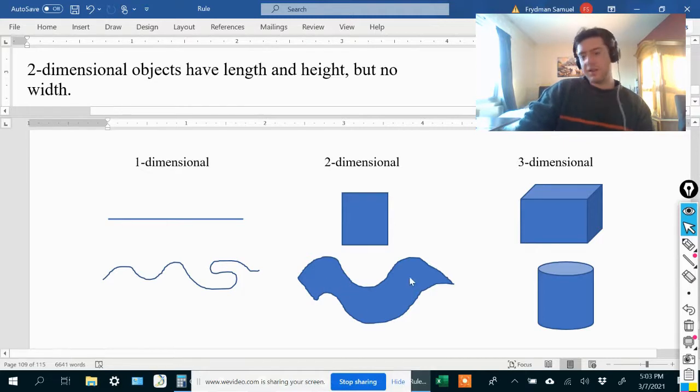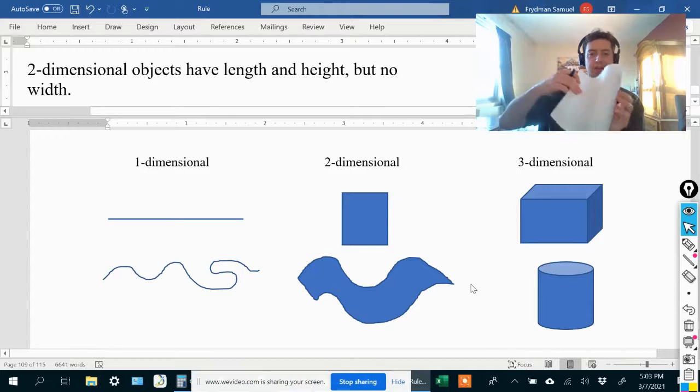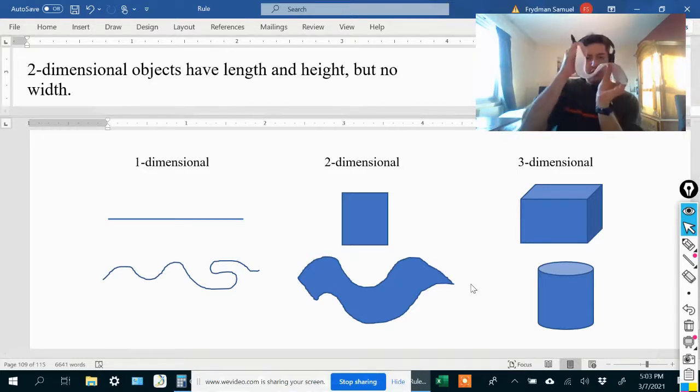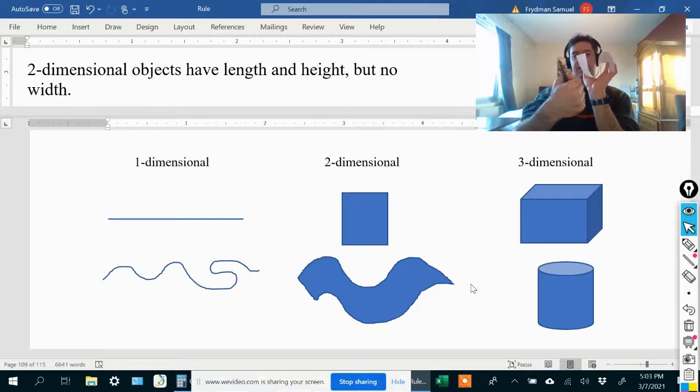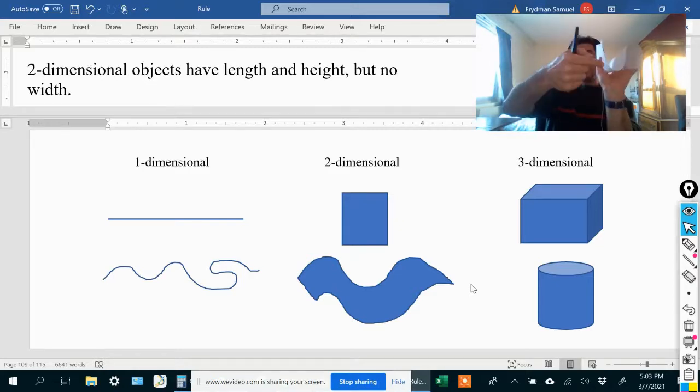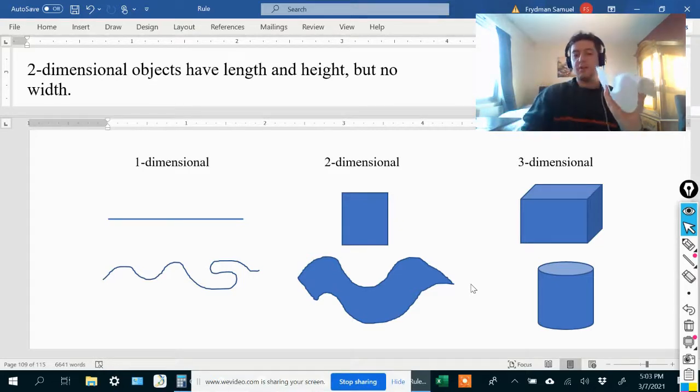And something like this, which maybe I didn't draw it very well, but I mean that to be like a piece of paper over here, which is sort of somebody waved it like that. This would also be two-dimensional. And you might be thinking to yourself, well, wait a minute, shouldn't that be three-dimensional? Because I can sort of see a length and a height and also a width going this way, right?